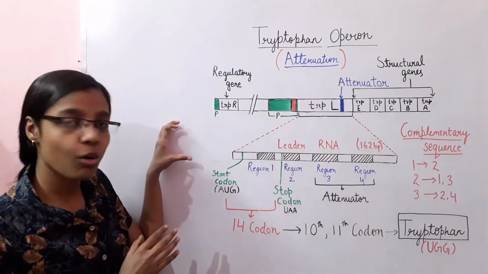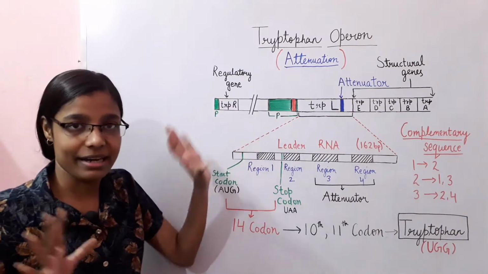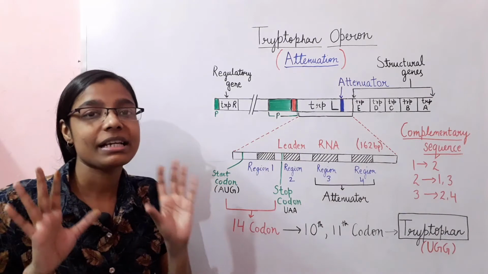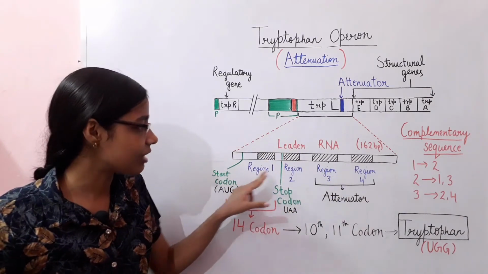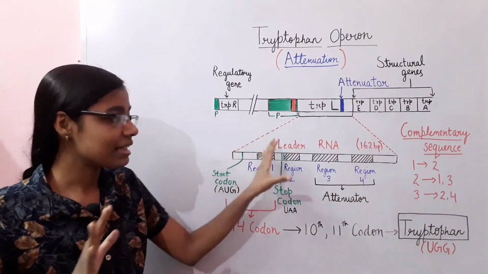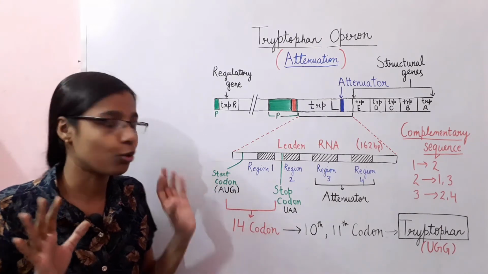Meanwhile, the ribosome is also moving here and translating this leader RNA. This leader RNA consists of 4 regions, which are region 1, region 2, region 3 and region 4. And this leader RNA consists of a start codon and a stop codon.